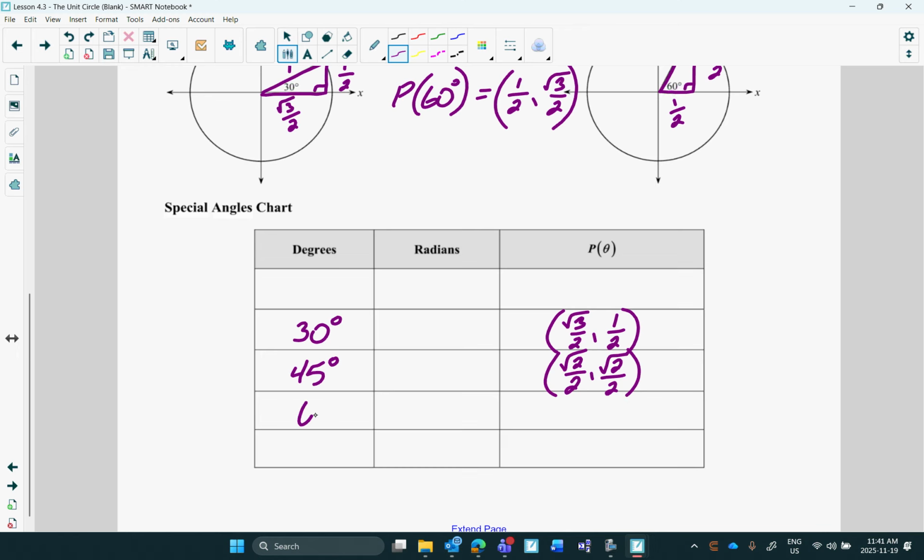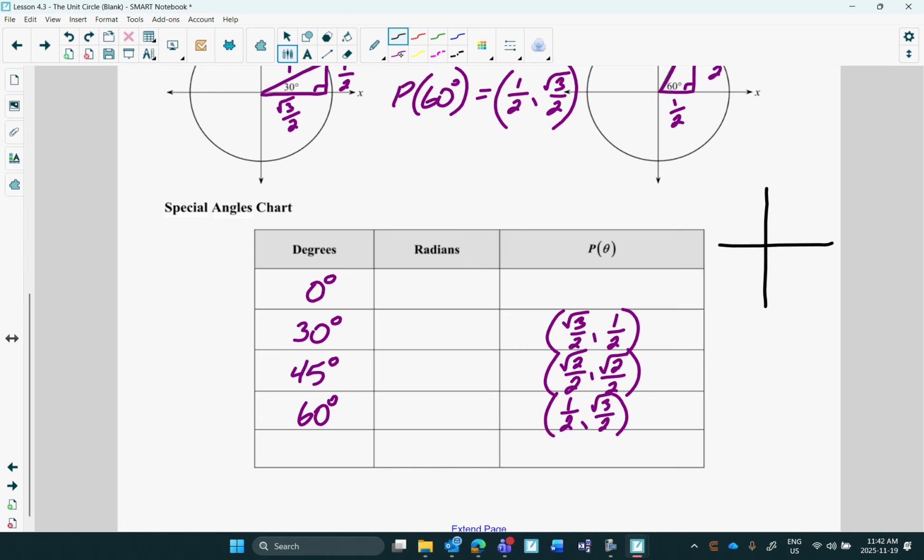And when it was at 60 degrees, it was the reverse of 30. 1 over 2, comma, root 3 over 2. What's the point on the unit circle if the angle is 0 degrees?